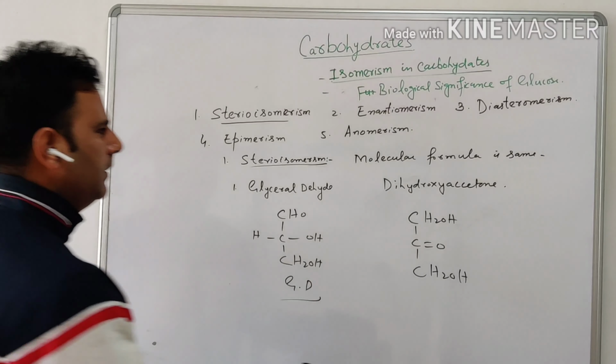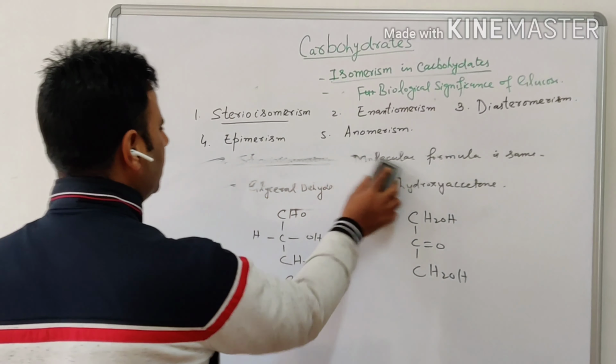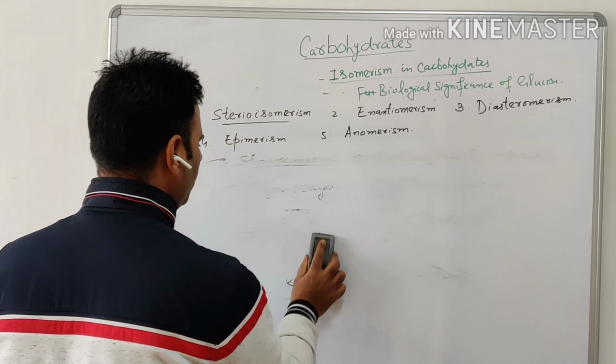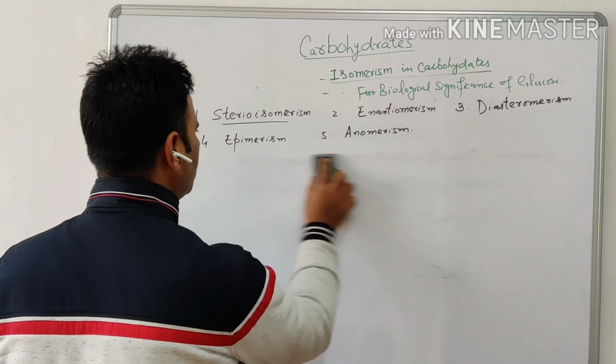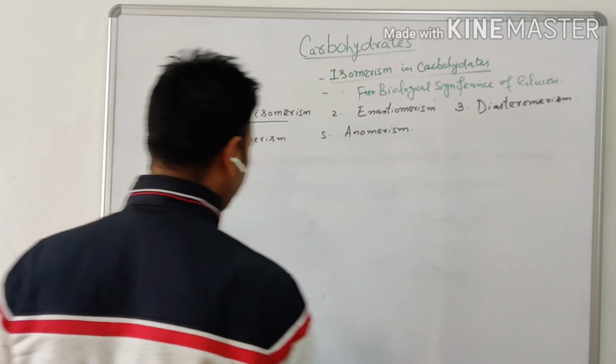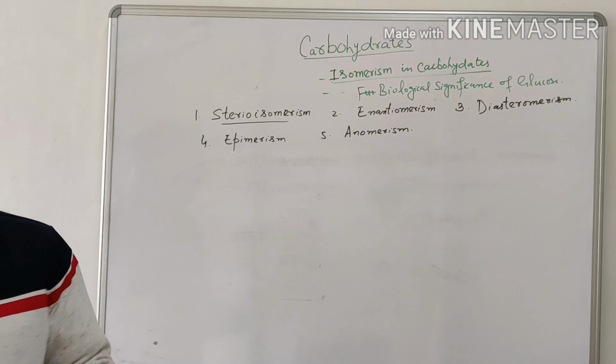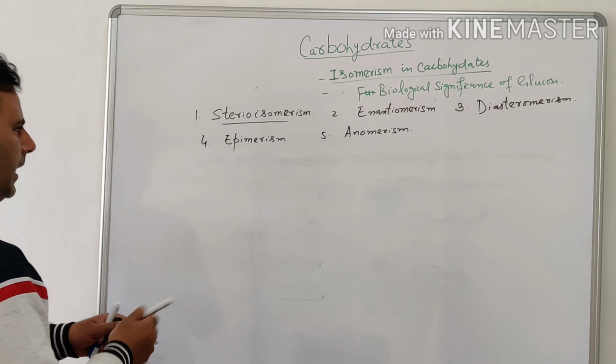Those isomers which have the same molecular formula but differ in the arrangement of groups in space are known as stereoisomers. Then the second part, we have enantiomers. What are enantiomers?